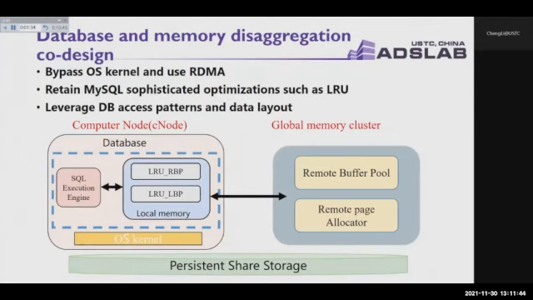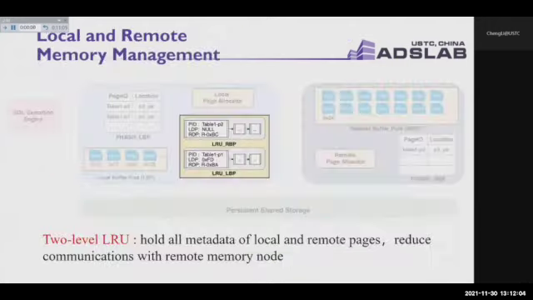We retain MySQL's sophisticated optimizations such as LRU to manage the cached blocks or pages. And we also leverage the database access patterns and the data layout for further optimization. So let's zoom in on each part and understand how it works.